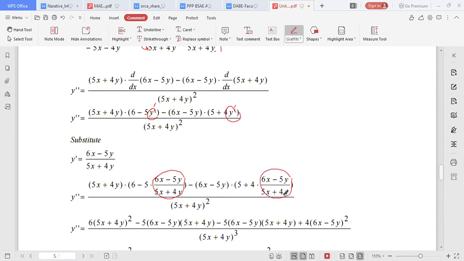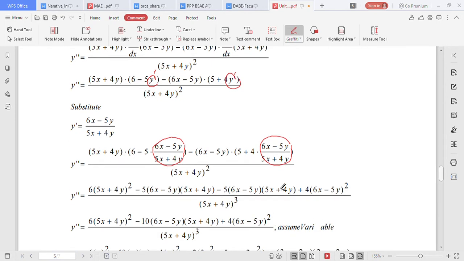Alright, so next. In the next solution, what was done here is, before we come up to this, let us see first this side.